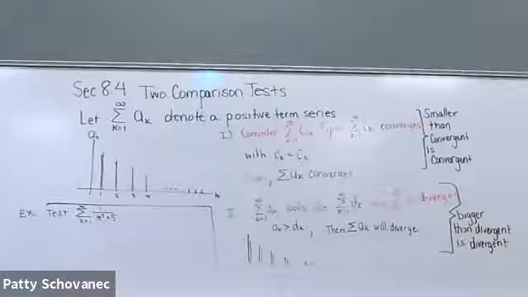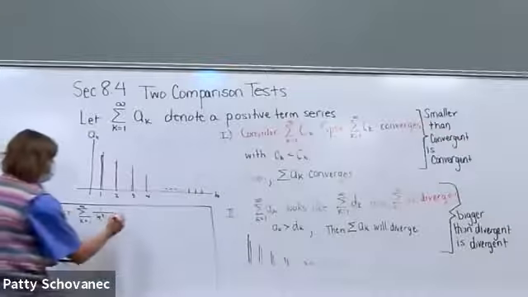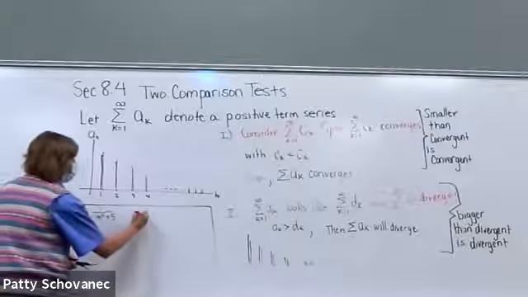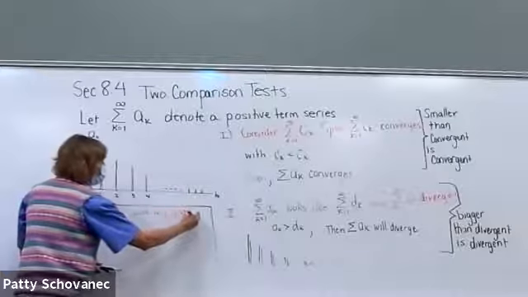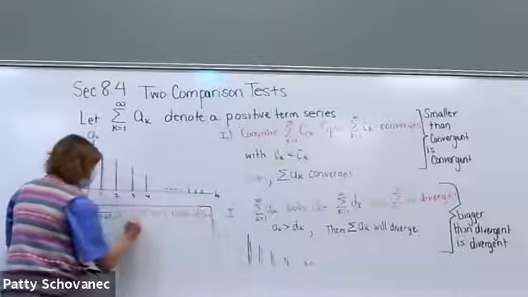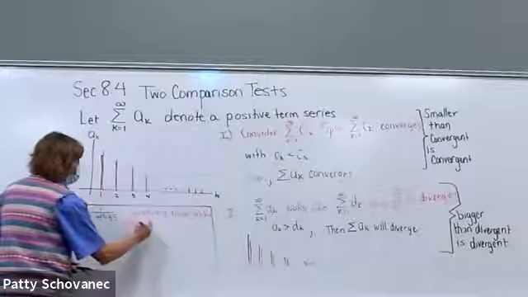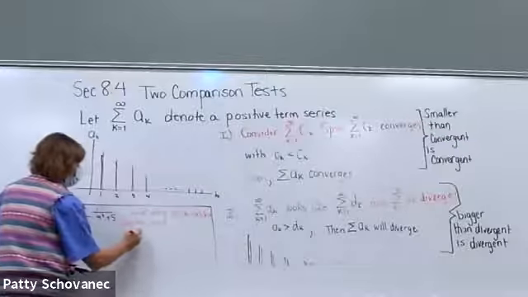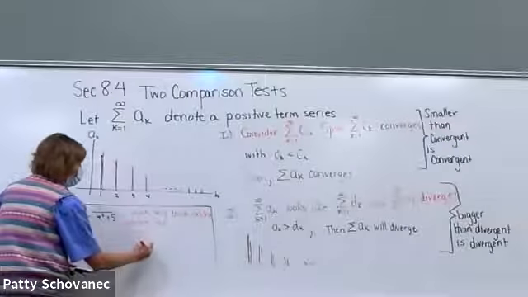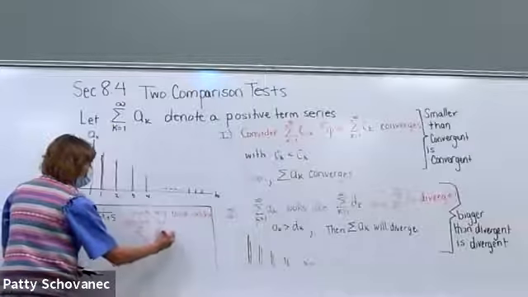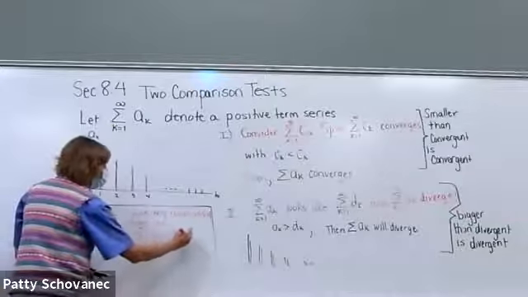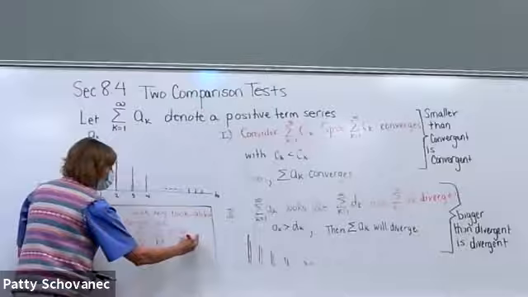Now let's see how it compares in size. So I'm going to pick my lookalike series as the sum from k is equal to 1 to infinity of 1 over k cubed. I know that this is a convergent p series.